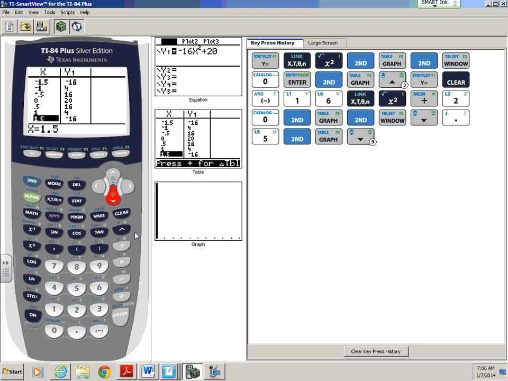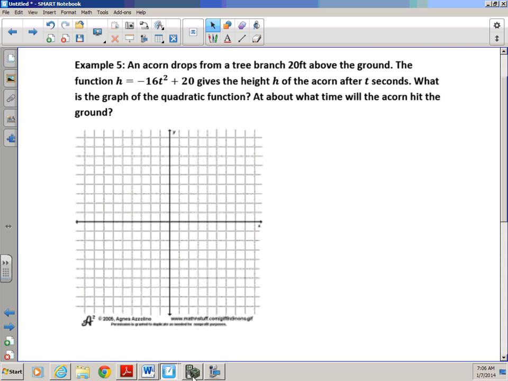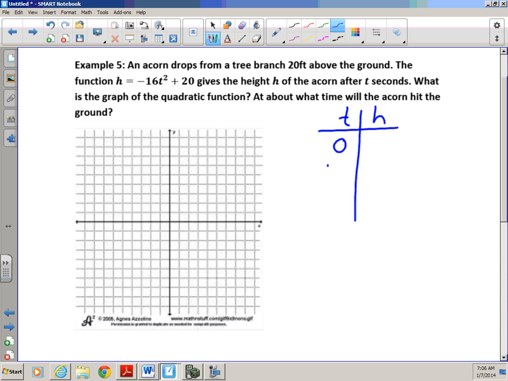All right? Now, one of the things that you're hopefully recognizing is that I can't be outside the first quadrant, all right? Because I can't have negative height or negative time. So when I graph this, if you looked at your table of values, I'm going to use the following 4 values, because I want to find out about when the acorn will hit the ground.